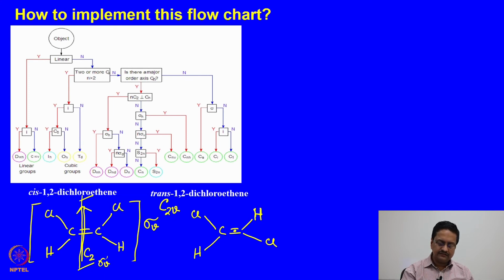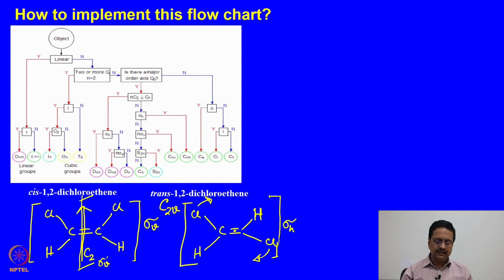That makes the rotation this way, and chlorine falls on the other chlorine, hydrogen falls on the other hydrogen. What else does this have? This has a plane, the plane of the projection, that is a mirror plane, and that mirror plane is perpendicular to C2. So, it is sigma h.